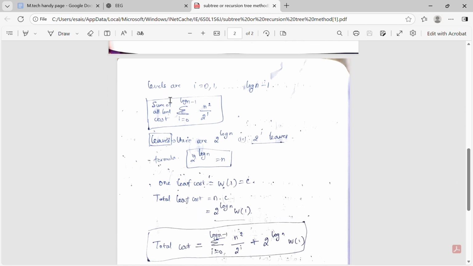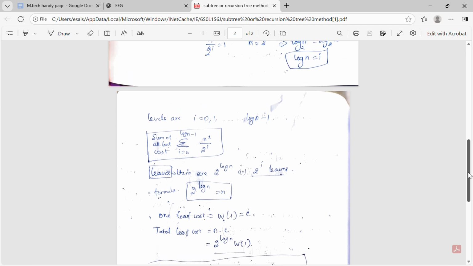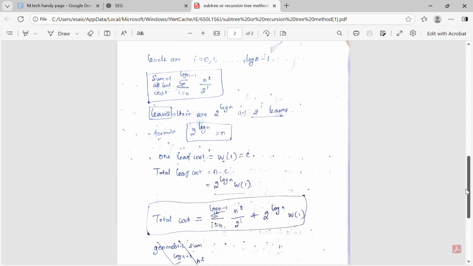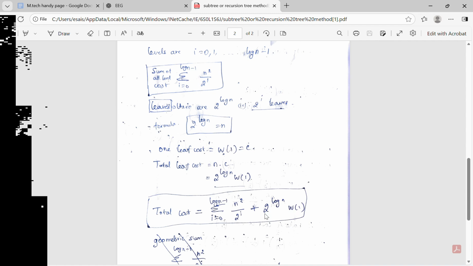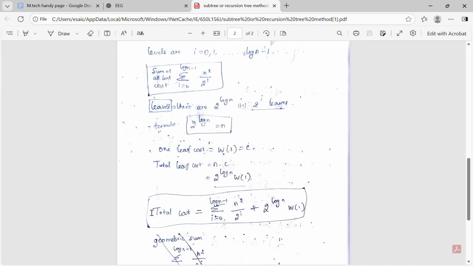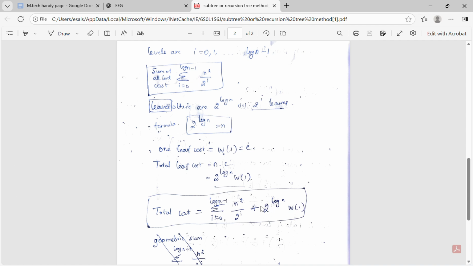So the sum over all levels, I equals 0 to log n minus 1, n square divided by 2 power I, is the sum of all level costs. So you just remember this like a formula. When we want to find the total cost, we need to write this, the sum of all level costs, plus the leaf node cost.